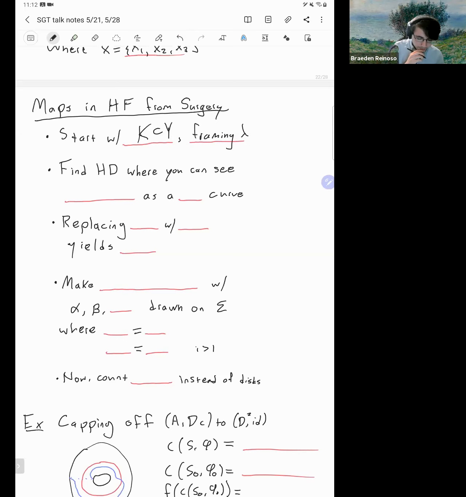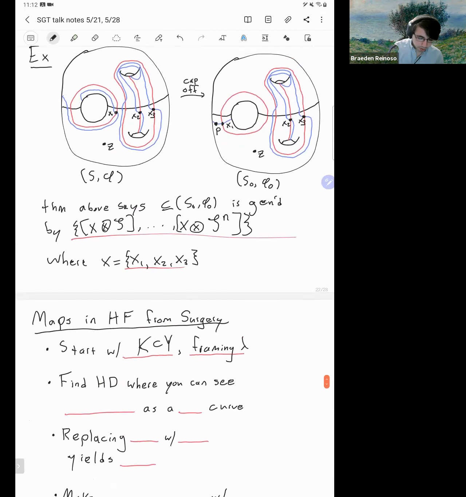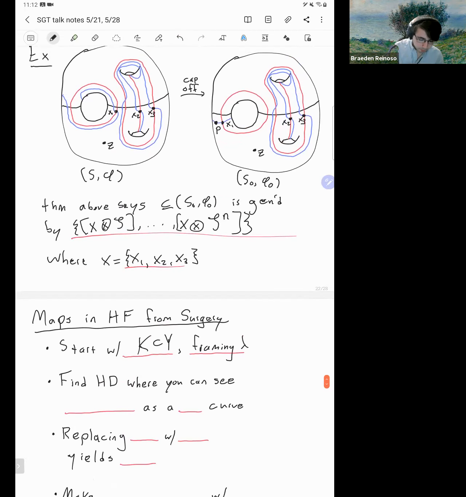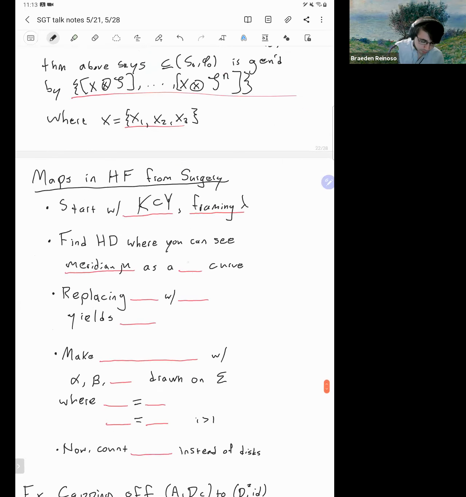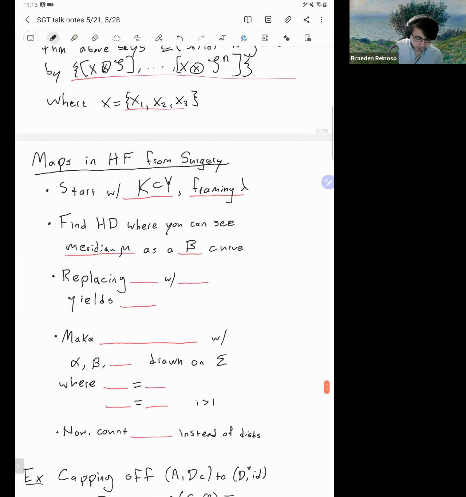In particular, as you can see here, we replaced our alpha curve with a copy of our K. But which curve was it? Well, it was a curve that crossed it exactly once, and so that is exactly a meridian. So you want to see this meridian mu as, say, a beta curve in your Heegaard diagram.